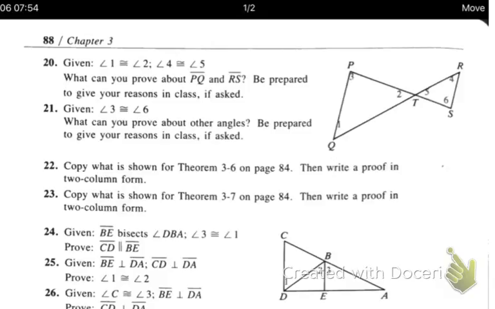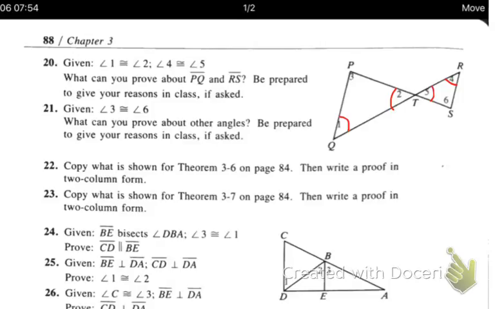It says, given that angle 1 is congruent to angle 2, and it also says that angle 5 is congruent to angle 4. And we know that 2 and 5 are congruent, right, because they're vertical angles. So what they want you to be able to see is that 1 and 4 are congruent. That was the whole goal, which means that these are parallel, right?